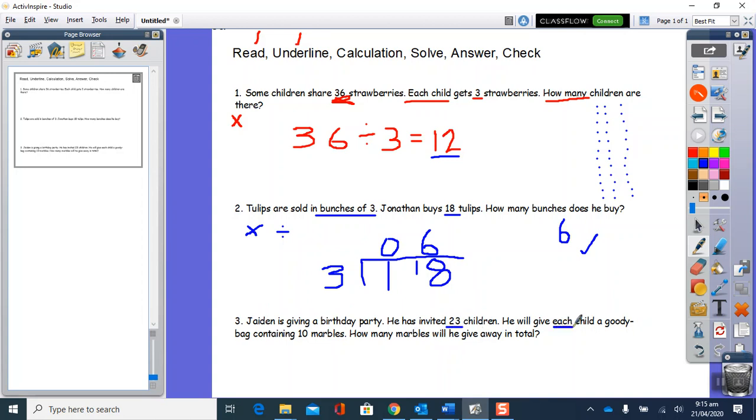Each child is going to receive a goodie bag that gets 10 marbles in it. How many marbles in total will that be? So altogether. Right, I think this one is a multiplication calculation. It's going to be 23 multiplied by 10.